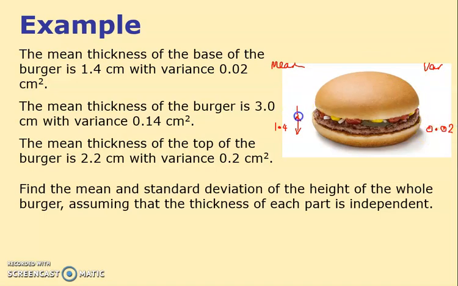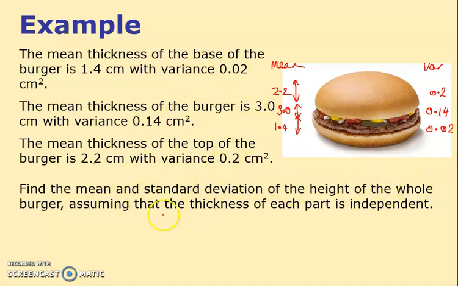And then we've got the burger part, the thin burger part. Well, it's actually thicker, it's 3 centimeters, 3.0, but it's got a variance of 0.14. And then the top part, it says it's got a mean of 2.2 and a variance of 0.2. Okay, find the mean and standard deviation of the height of the whole burger.